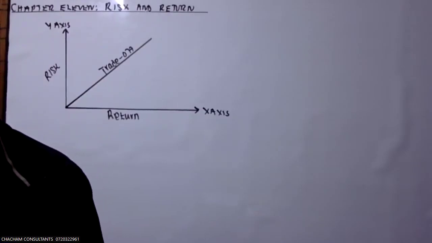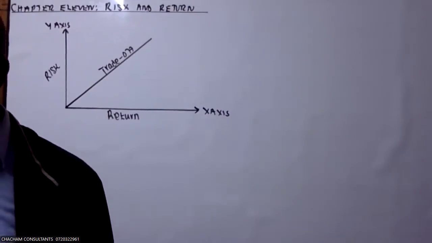So you are told to get the standard deviation of each, the relative risk. Relative risk is the coefficient of variation.